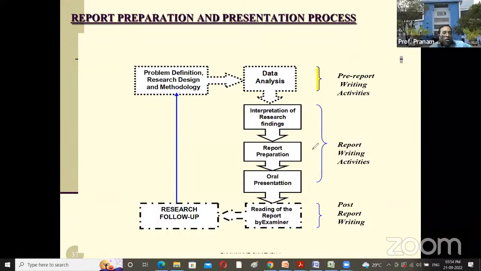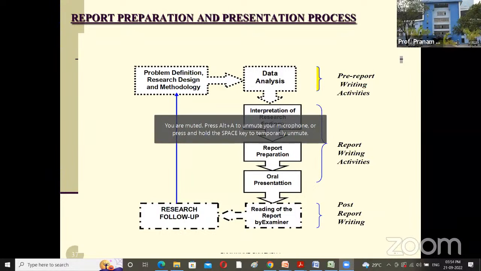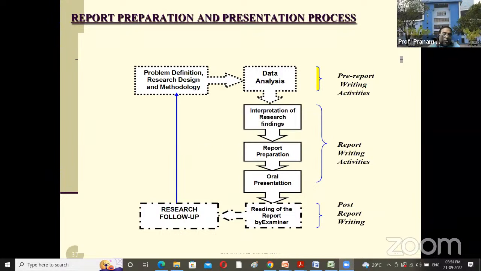So do you have anything to ask here? Can a research report be negative also? So a research report is not a COVID report.